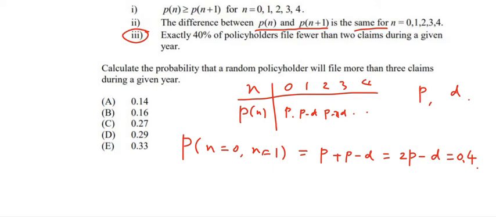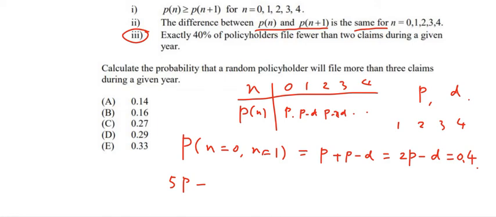So we need to find another condition. The other condition is that all probabilities equal 1. So all probabilities sum to 5p minus, so how many d? 1d, 2d, 3d, 4d, add them up is 10, right?